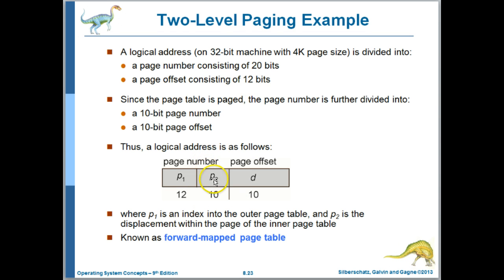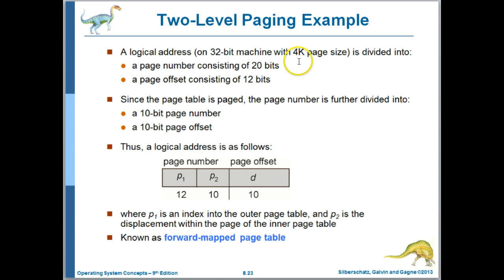So the inner page table index is 10 bits. The outer page table index is 10 bits. The reason for this is with a 4K page size, an inner page table index being 10 bits, there are 1024 of those, or 1K.